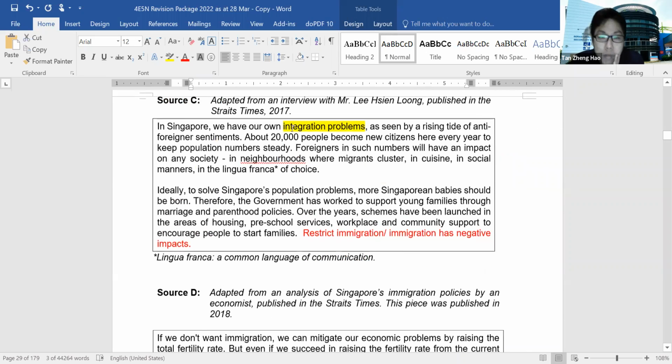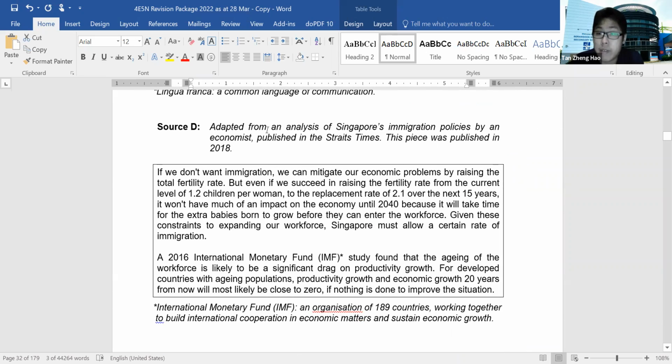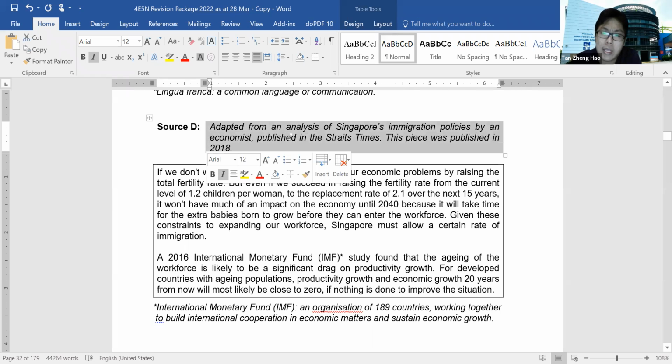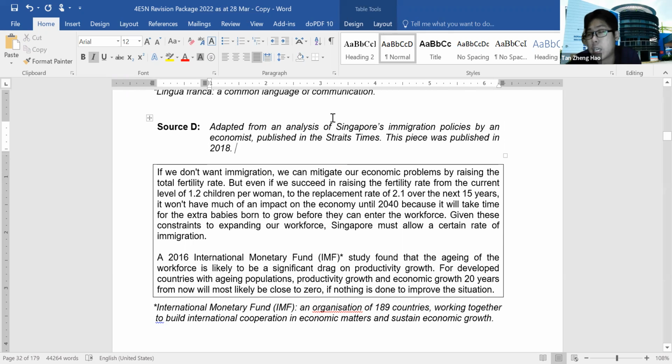Adapted from, you must read the provenance because it gives you a bit of background: an analysis of Singapore's immigration policy by economists, published in the Straits Times in 2018. So we're going to see whether these economists, people who analyze the economy, tell us that immigration is beneficial to Singapore, the country.